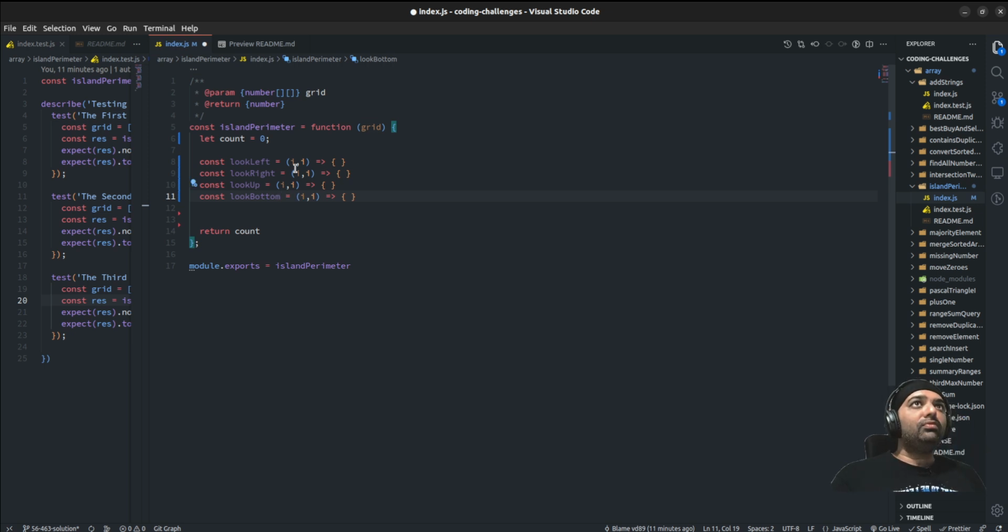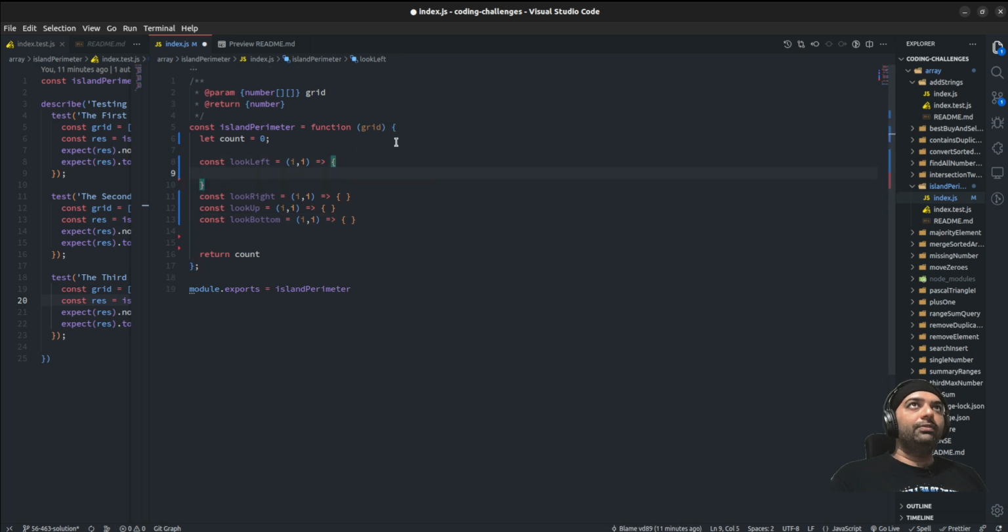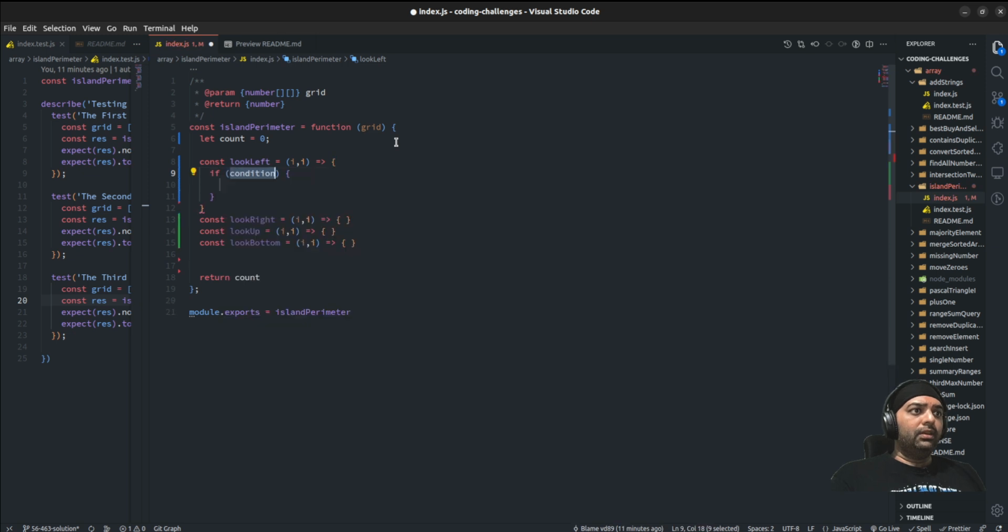So for the left first, say if j is double equals to 0, and my bad, I have done it over here, it should be j, and over here also it should be j, here it should be j as well, and for here as well it's j. So my bad.